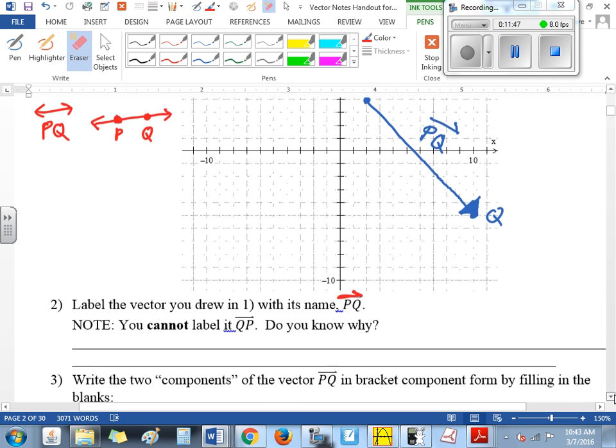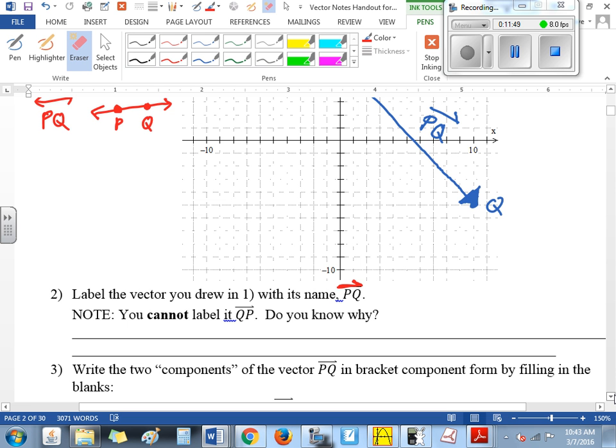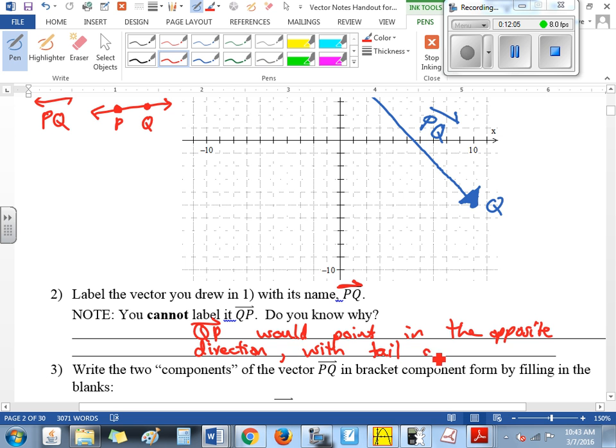And the reason? QP has the opposite direction. That's what you probably want to put here. QP would point in the opposite direction. And the tail would be at Q. Head at P. That's a totally different drawing.